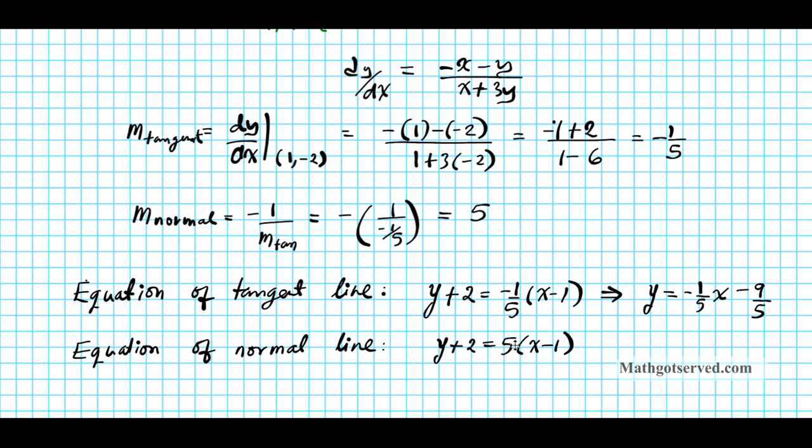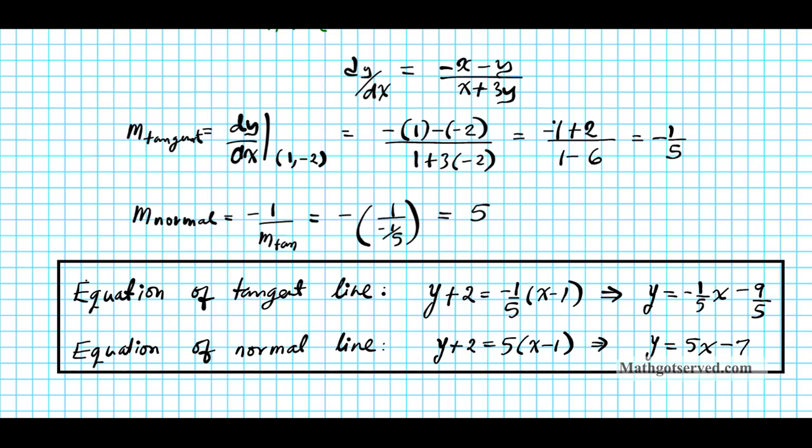This is point slope form. We want to write it in slope intercept form. Just get y equals, distribute the 5 to x, 5x. Distribute 5 here, negative 5 minus 2, minus 7. So these are our two equations: the equation of the tangent line and the equation of the normal line.